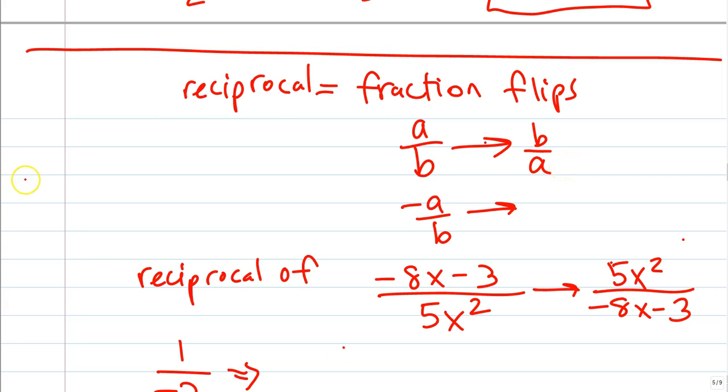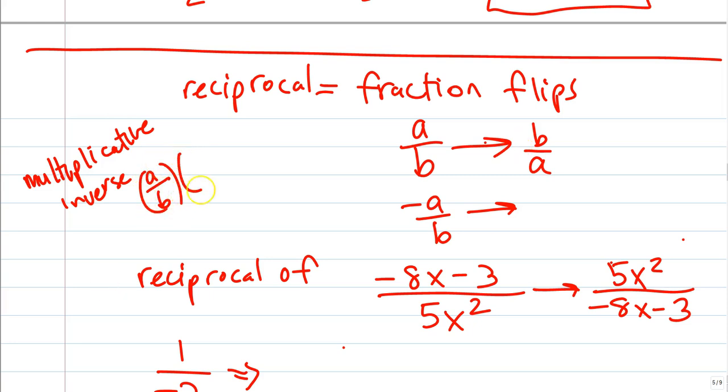Why do they call this a multiplicative inverse? It sounds terrifying. Well, if I multiply anything times its reciprocal, they all cancel, leaving us with 1.